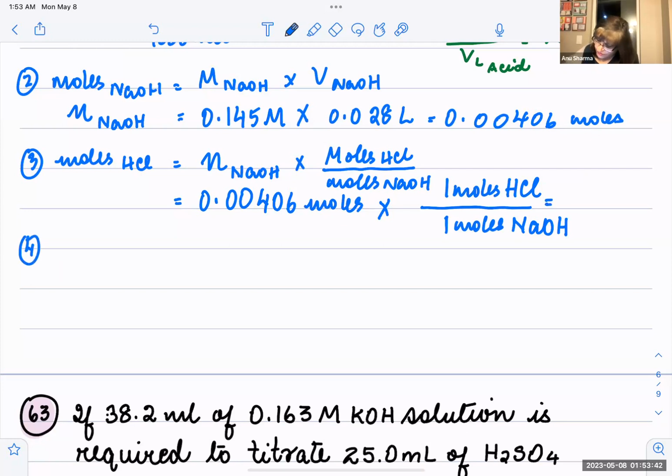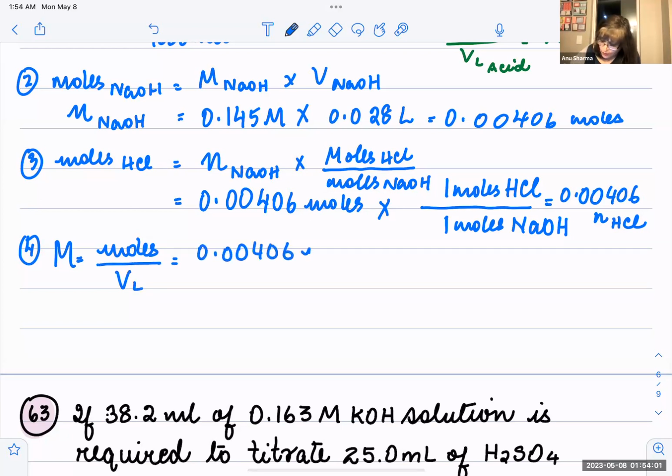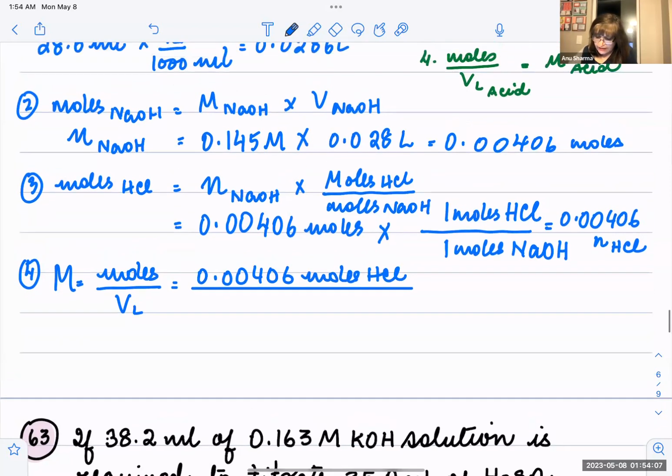So next is the fourth step. You take 0.00406 moles of HCl. The molarity is equal to moles over the volume in liters. So here, 0.00406 moles of HCl over the volume in liters.